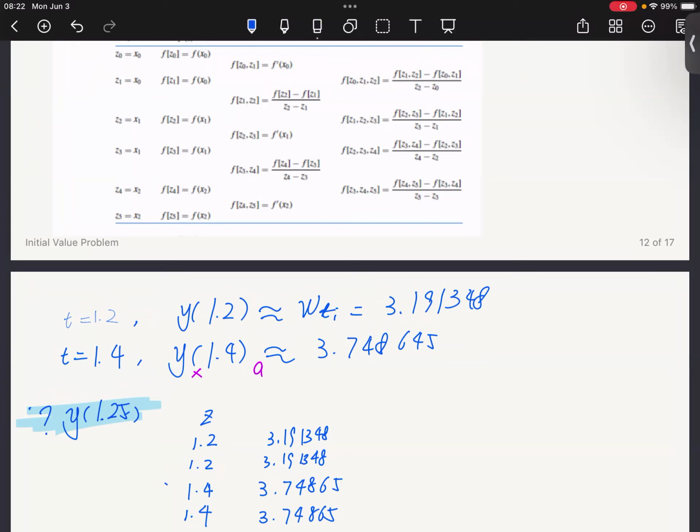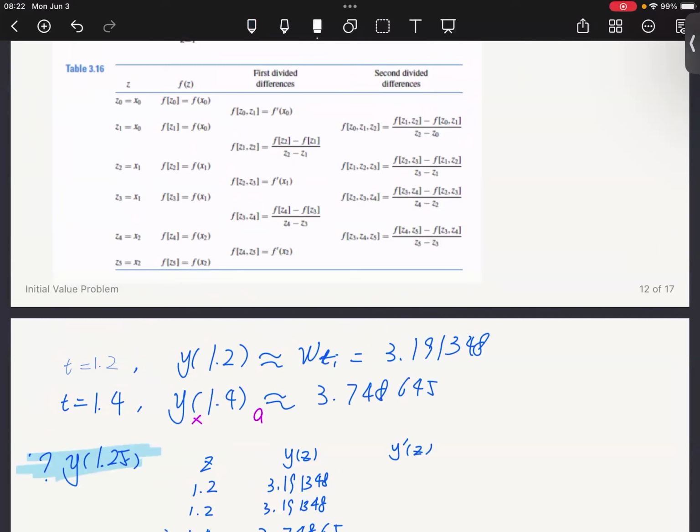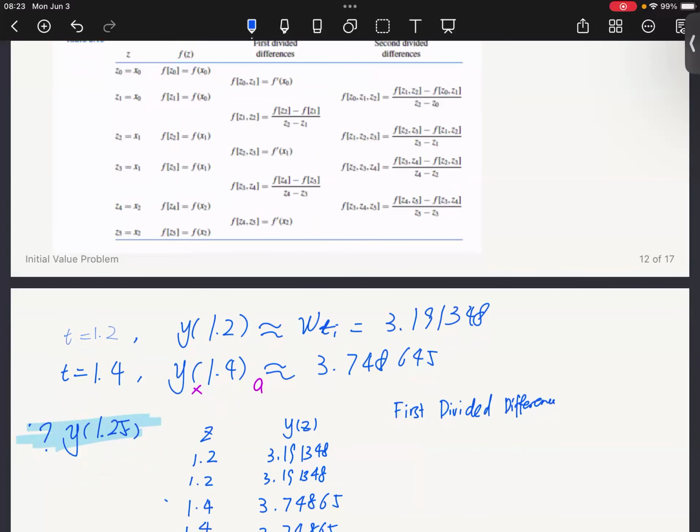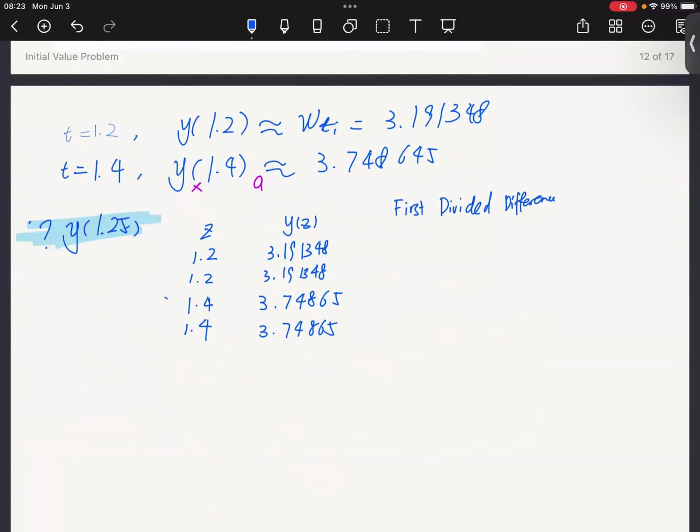And what we did here is, so this is Y prime Z. So this is the first divided difference. But for the first divided difference here, we are actually not using the exact Y derivative because we don't have the information at hand. So what we did here is a little bit complicated because this is the equation.